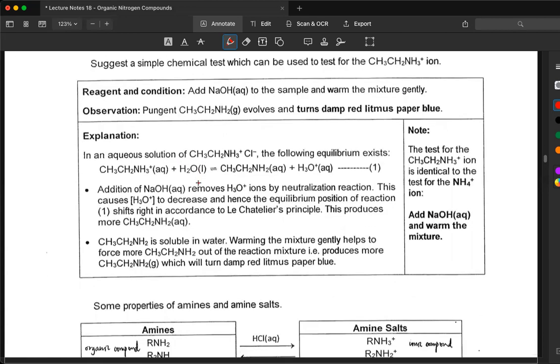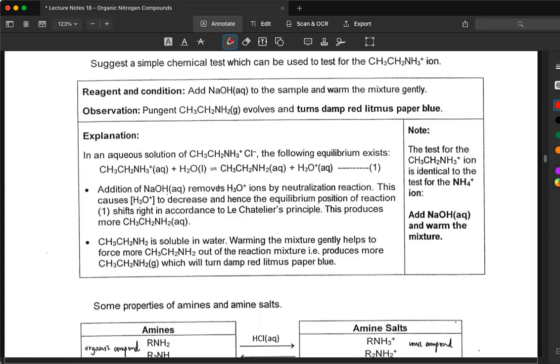So what is the reason for this? In an aqueous solution of the salt, this equilibrium exists. The salt is a conjugate acid, so reaction with water forms the hydronium ion. Addition of sodium hydroxide removes the H3O plus by neutralization. So the concentration of H3O plus will decrease and the equilibrium position will shift to the right according to Le Chatelier's principle.